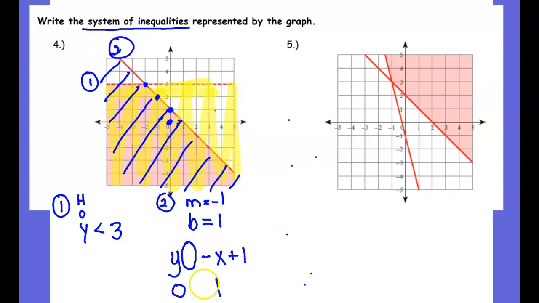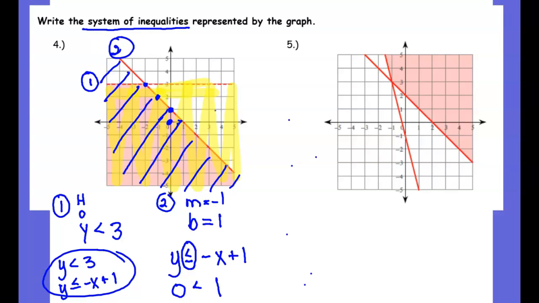What's going to go in here is 0 is less than 1. But because it's a solid line, it's actually going to be less than or equal to. So that's how we get our 2 inequalities. So the answer would be y is less than 3, and y is less than or equal to negative x plus 1. That's how we write the system of inequalities represented by the graph.